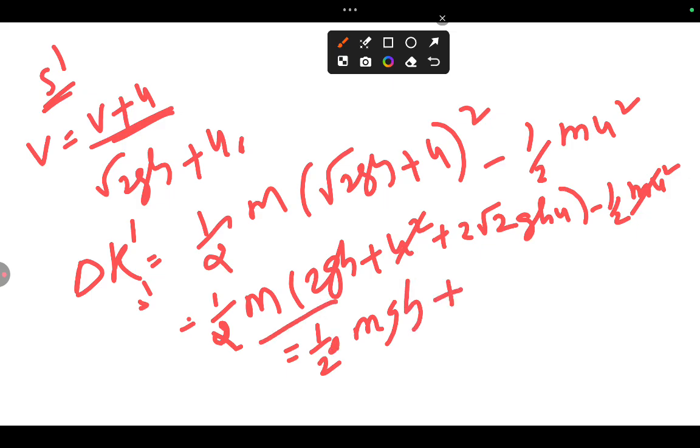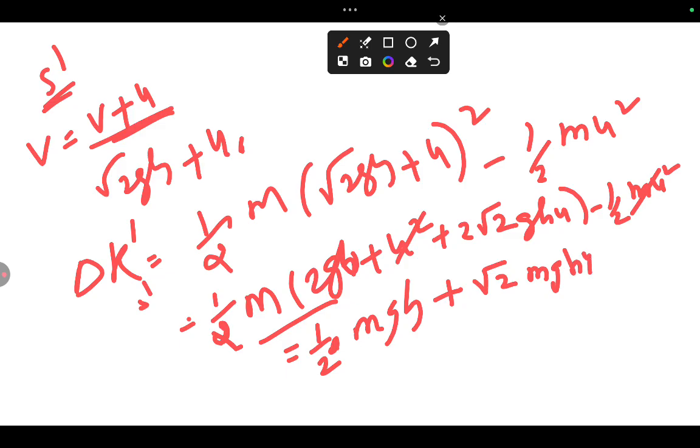And the 2 will be cancelled. That means we get √2 mg, taking h and u, that is mg√(2h)·u.